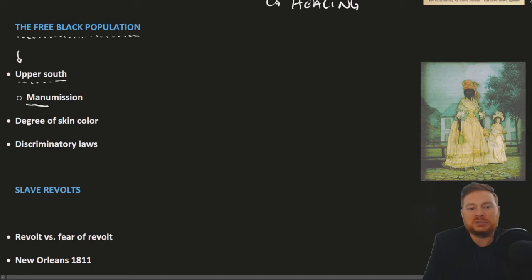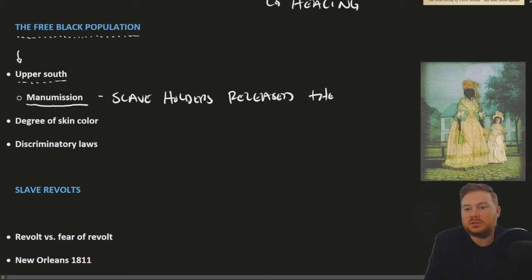There, it was largely a result of manumission. Recall, manumission was when slaveholders released their slaves. This was done both for economic and maybe moral or principled reasons.